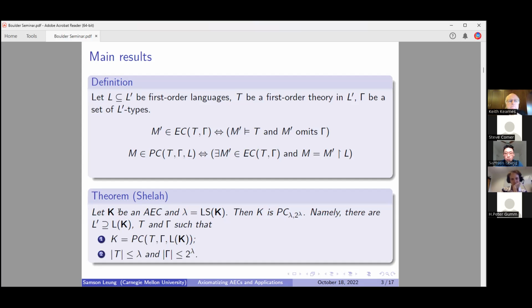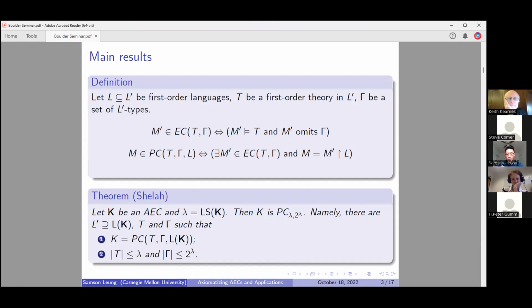The first cardinal lambda is the size of the theory T, and 2 to the lambda is the size of gamma, which is the set of types. I can write down K as a PC class with that theory T and that set of types gamma, and then you take the reduct to the language of the AEC itself.